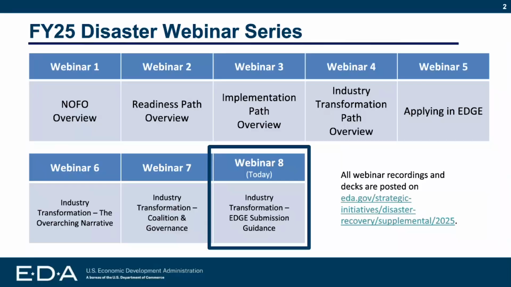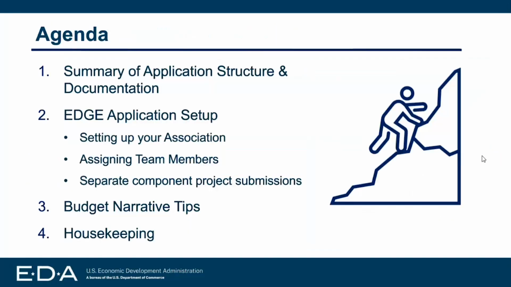All right, next slide. Today's agenda is we are going to walk you through how to submit your application for Path 3 applications only for EDGE. EDGE is our database system that we use to intake applications and manage our awards at EDA.